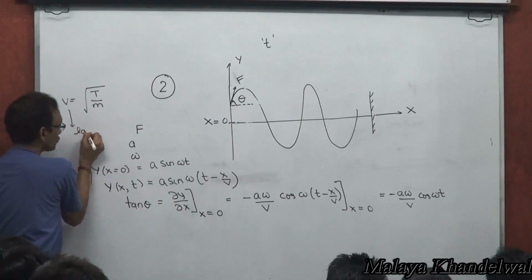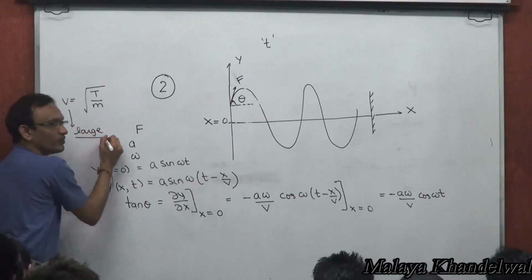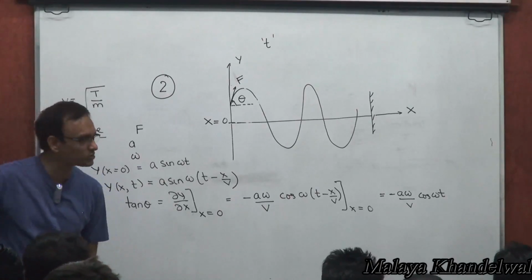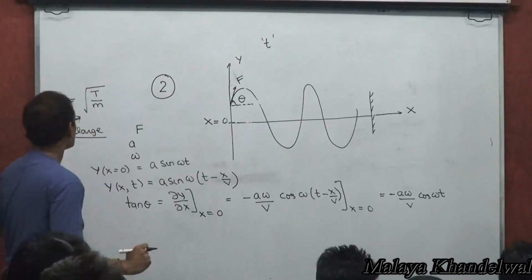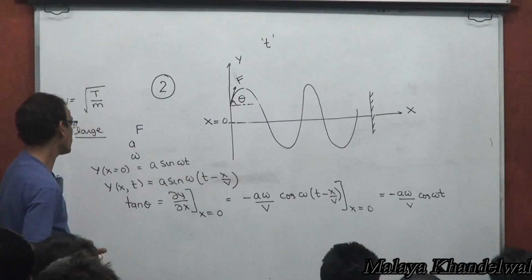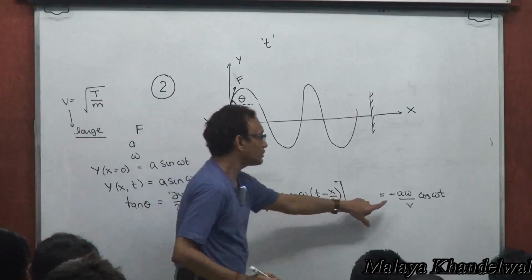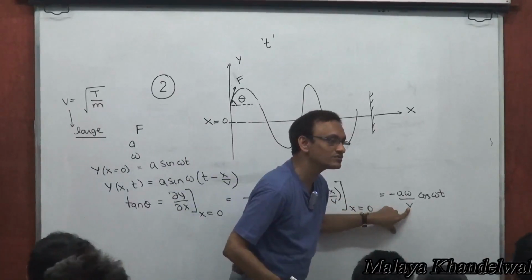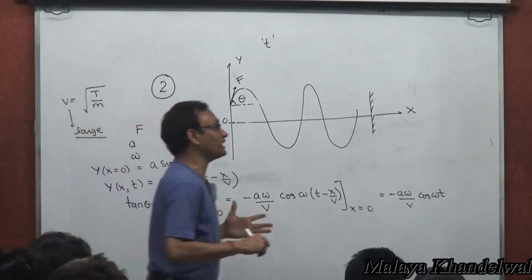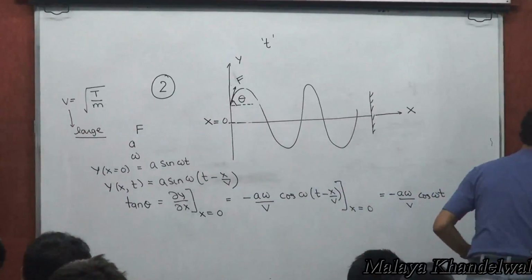Yes or no? The wave velocity will be large because m is small, it's a thin string. So v is large. Now if v is large, do you realize that this denominator is large? So tan theta will be small. So tan theta will approximately be equal to sine theta, that too.